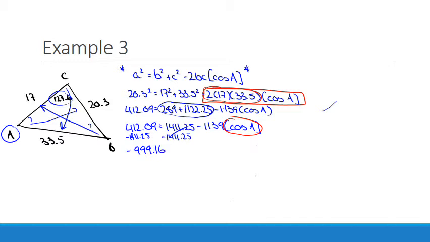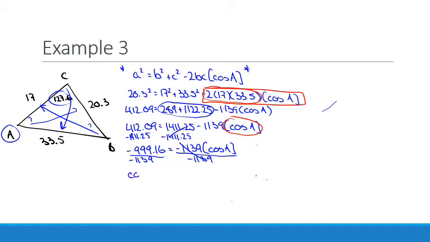Remember, feel free to pause the video at any time and try it yourself and then compare it to what I get. Equals negative 1,139 times cos A. And then now I move what's attached, and I move it through division because attached, really, that's multiplication. What do I get when I do that?